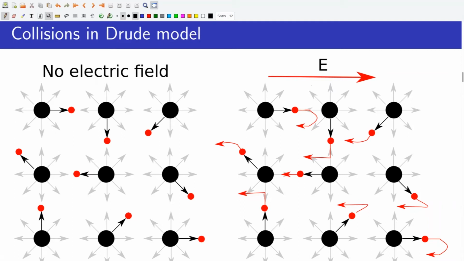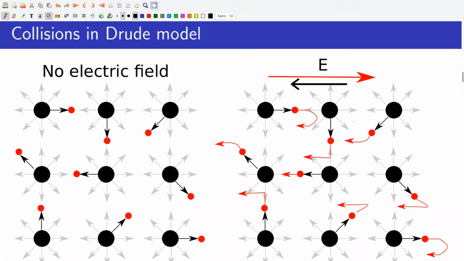However, if there is some external field, for example, electric field in this direction, then the electrons are experiencing some force in this direction. In this case, the electrons move according to the force acting on them, despite scattering in random directions.